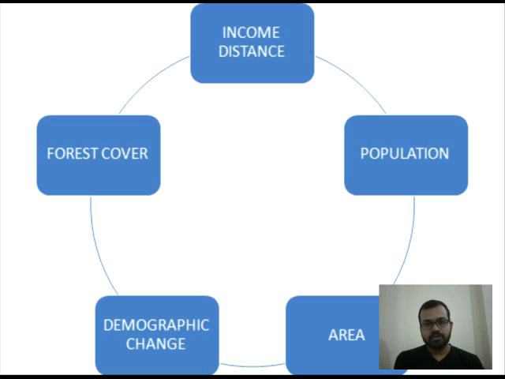The 14th Finance Commission took the average of 3 years of GSDP, that is gross state domestic product, for the period 2010-11 to 2012-13, for every state, and after that compared it to the top-level GSDP state with their per capita income.